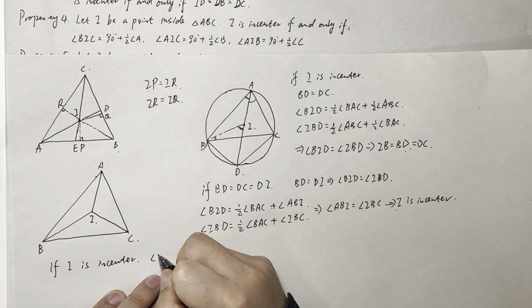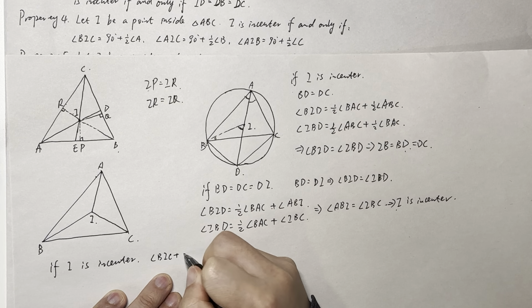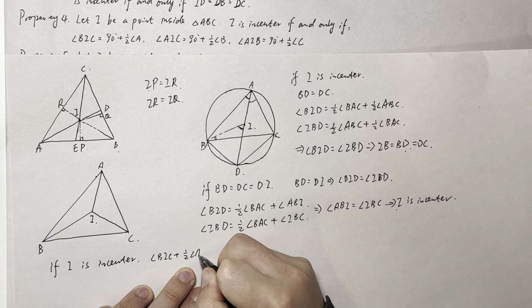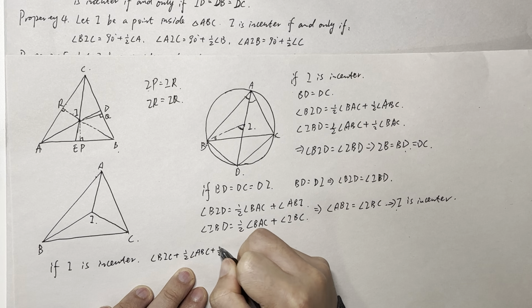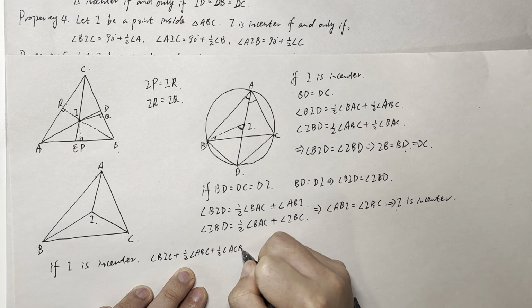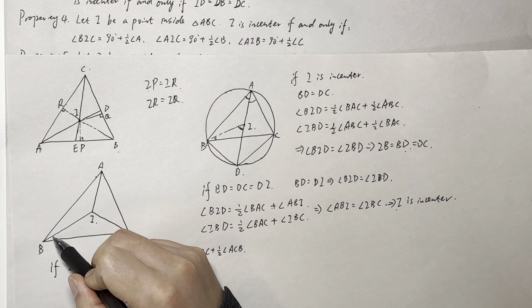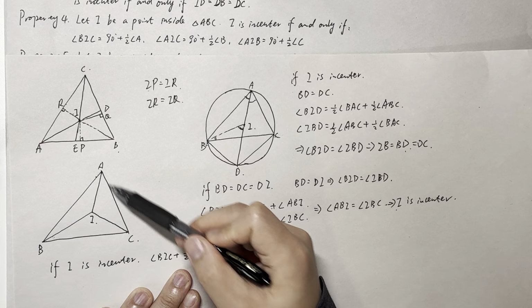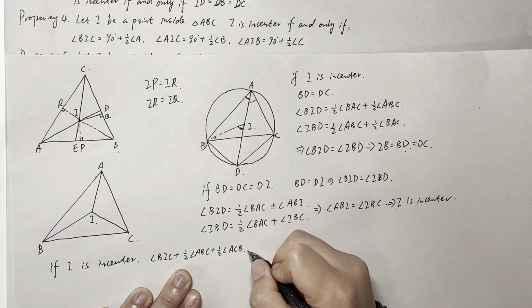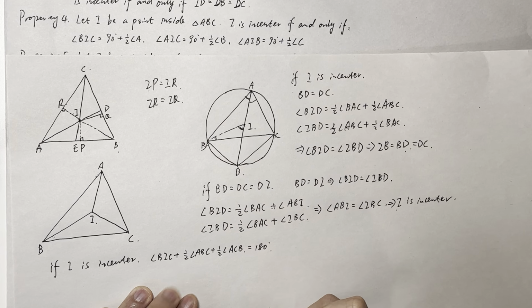If I is the incenter, then angle BIC plus half of angle ABC plus half of angle ACB equals 180 degrees, right? Angle BIC plus half of angle ABC, that's this angle, plus half of angle ACB, that's this angle, equals 180 degrees.